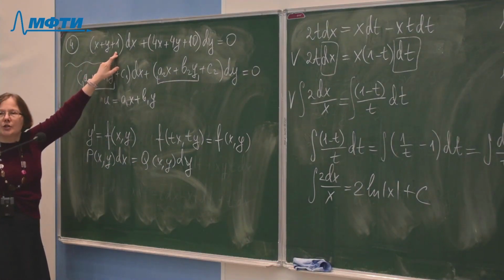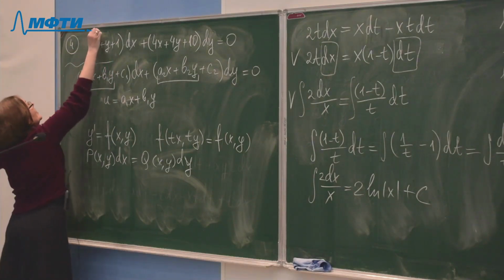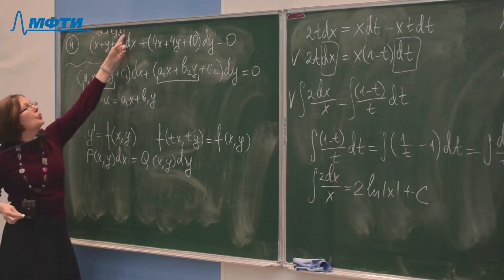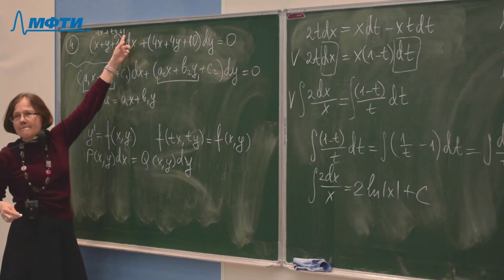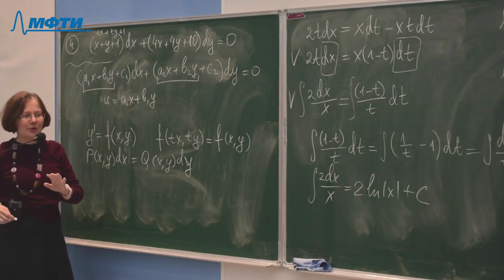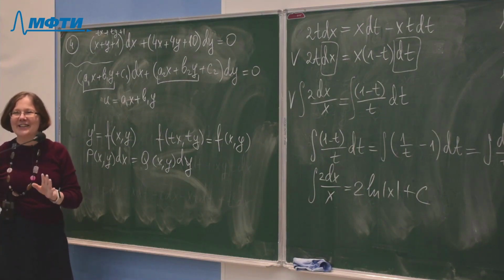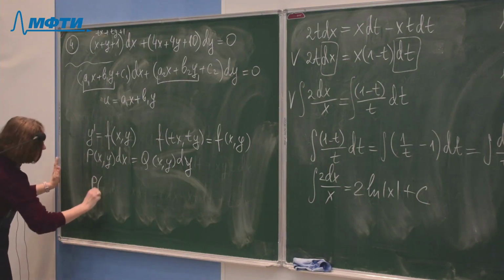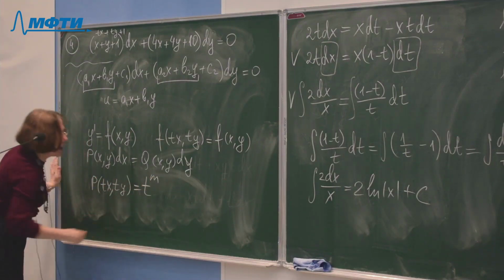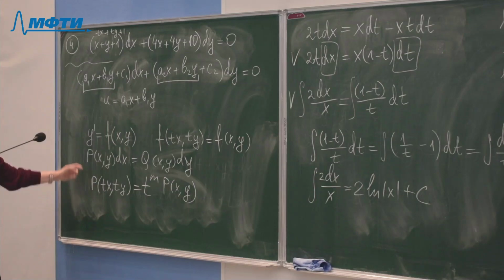So look at this function, x plus y plus 1. Is it homogeneous or not? If we consider tx plus ty plus 1, it is not homogeneous because of the 1. A homogeneous function means that P(tx, ty) should equal t raised to some power m times P(x, y).